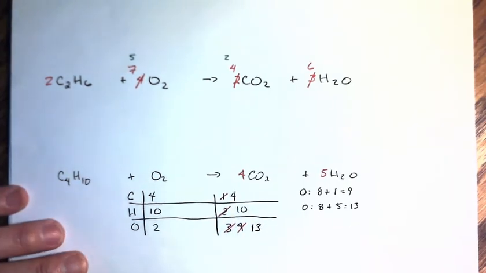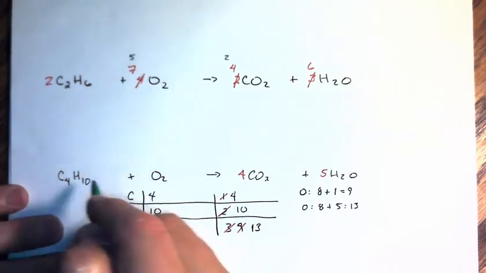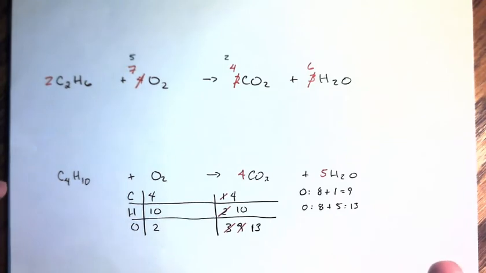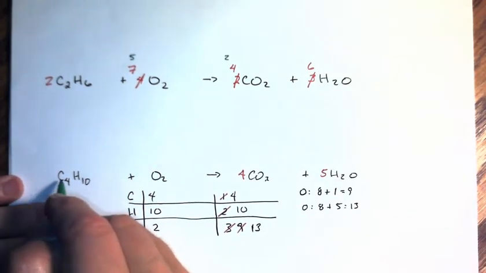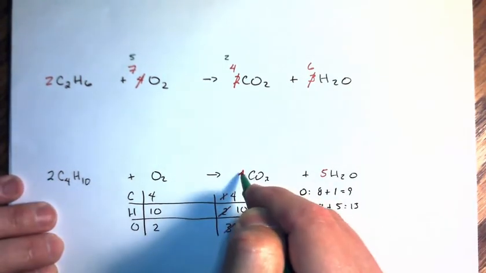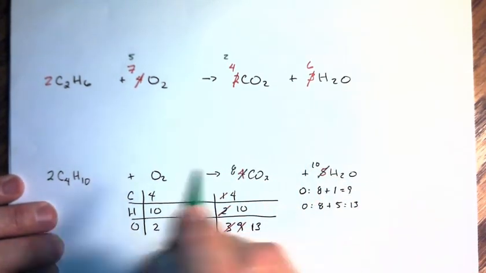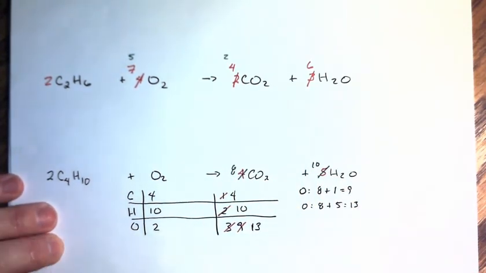So when that happens, you want to change the coefficients, multiply all the coefficients by 2 so that you have an even number of everything in there. If I change this from 1 to 2, and this from 4 to 8, and this from 5 to 10, I've multiplied everything by 2.